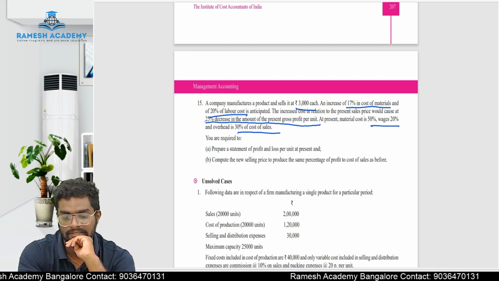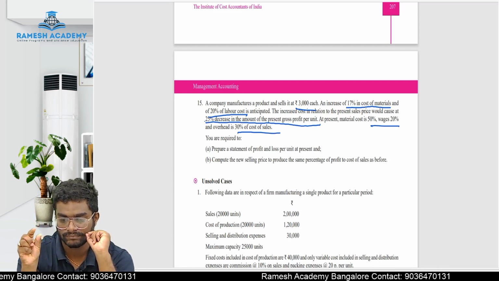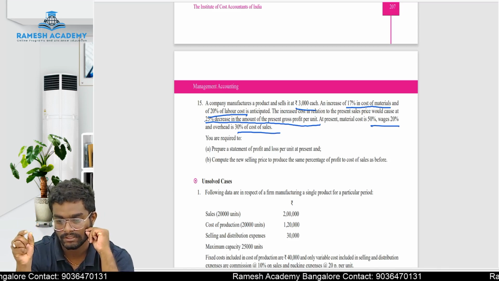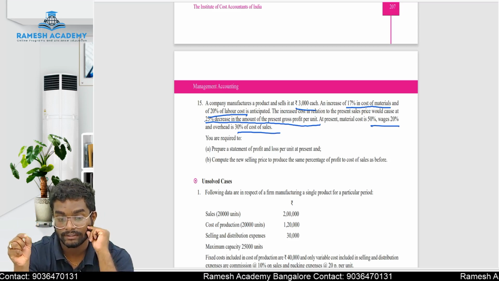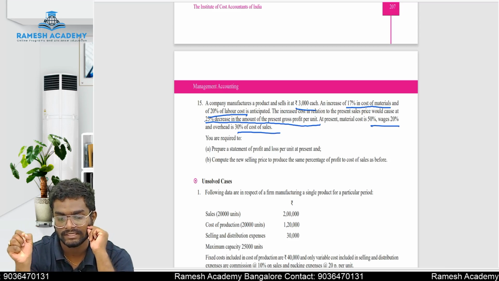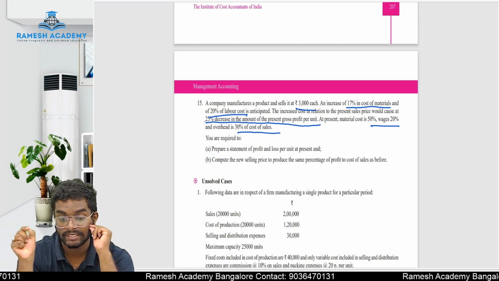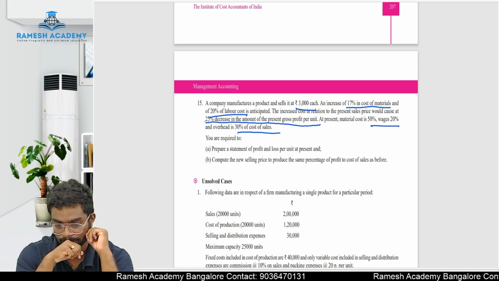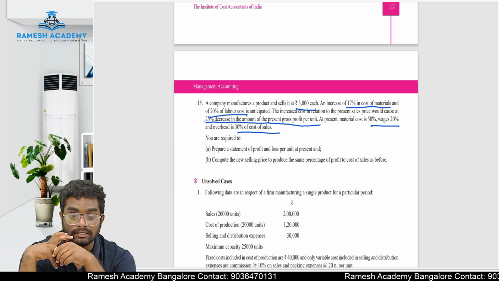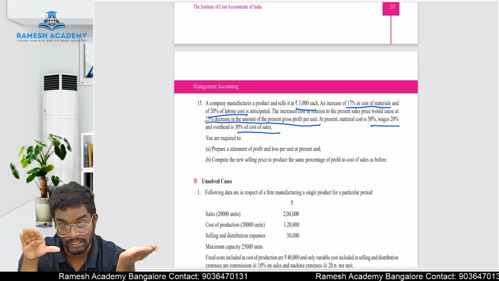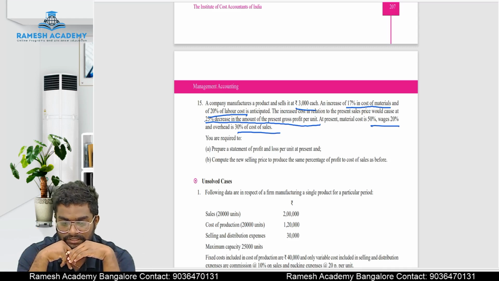My third point is that the increased cost in relation to the present sale price would cause a 25% decrease in the amount of the present gross profit. So they are telling that the increased cost would reduce the current gross profit by 25%.